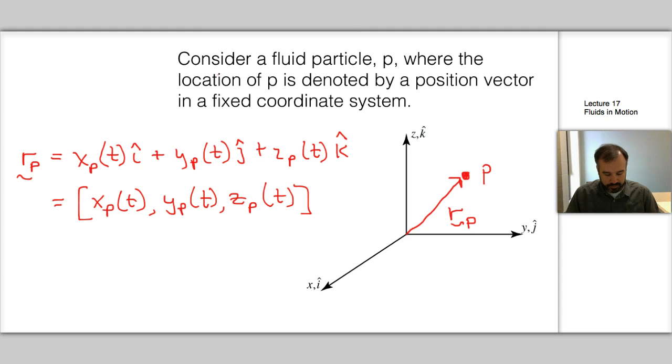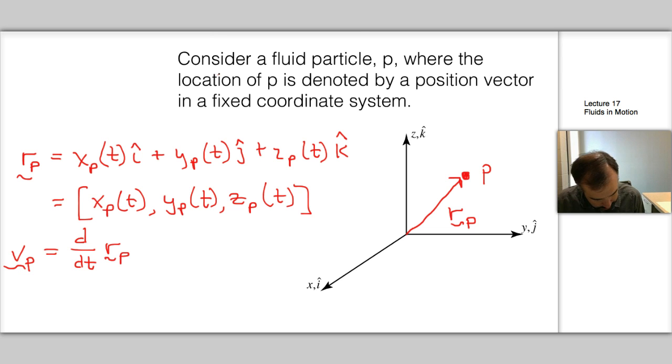And the velocity vector, if you recall from your physics and your dynamics class, is simply the time derivative of the position, okay? So we can write that out as a velocity v. We'll put a tilde under it because it's a vector. v of P is equal to d over dt of r tilde P.